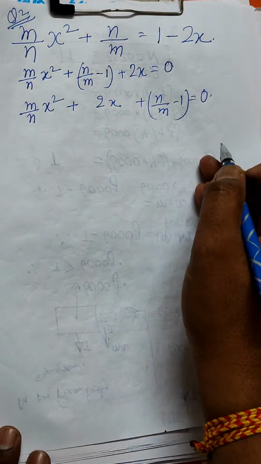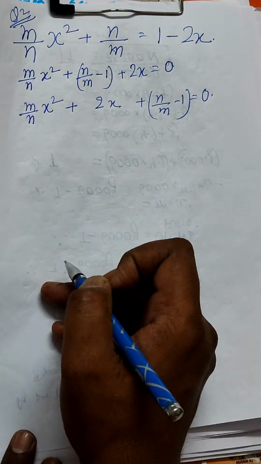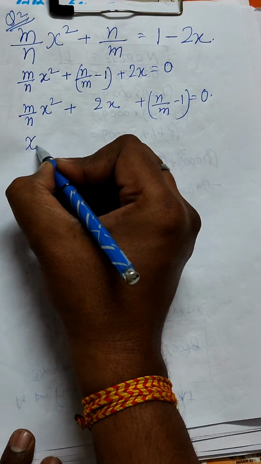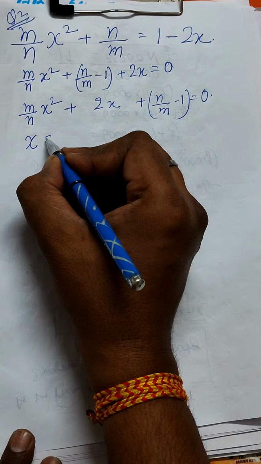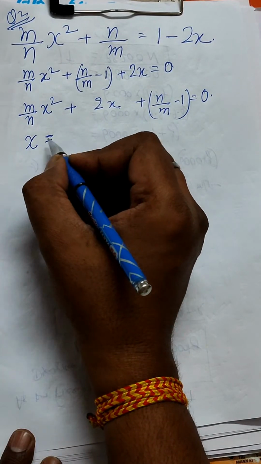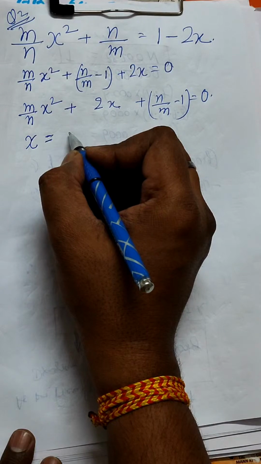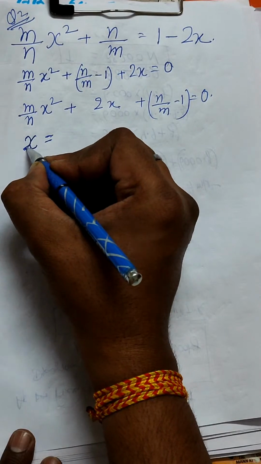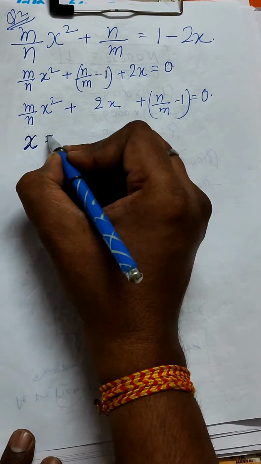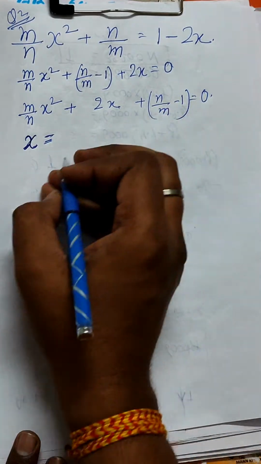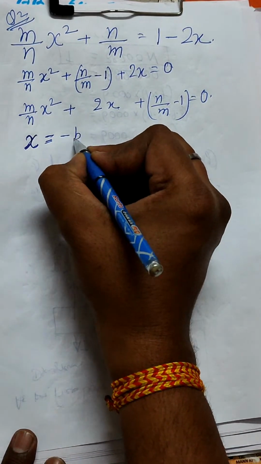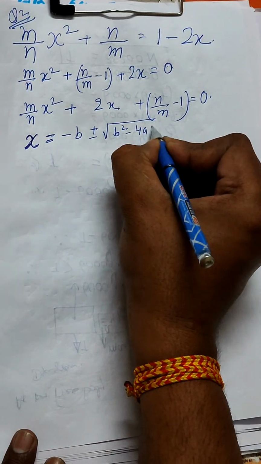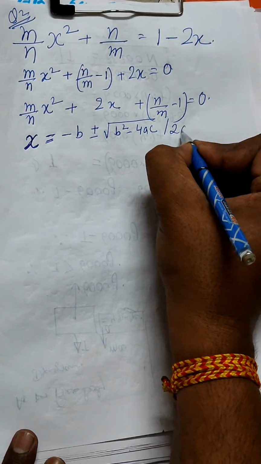Now to solve this, just to find the value of x, simply use the formula ax square plus bx plus c. When any quadratic equation is in the form of ax square plus bx plus c, then the roots of the quadratic equation can be written as minus b plus minus root over b square minus 4ac by 2a.